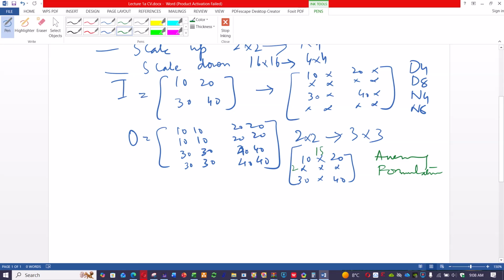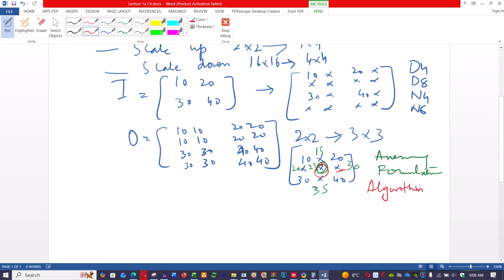This would be equal to 20, but we would be having a problem here. Why? Because one of its neighbors is not defined. So what we can do is average the pixels on the right hand side. 20 plus 40, so this would be 30, 30 plus 20, so this would become 25, and this would in fact be equal to 35. So for such cases we would be using some algorithm.